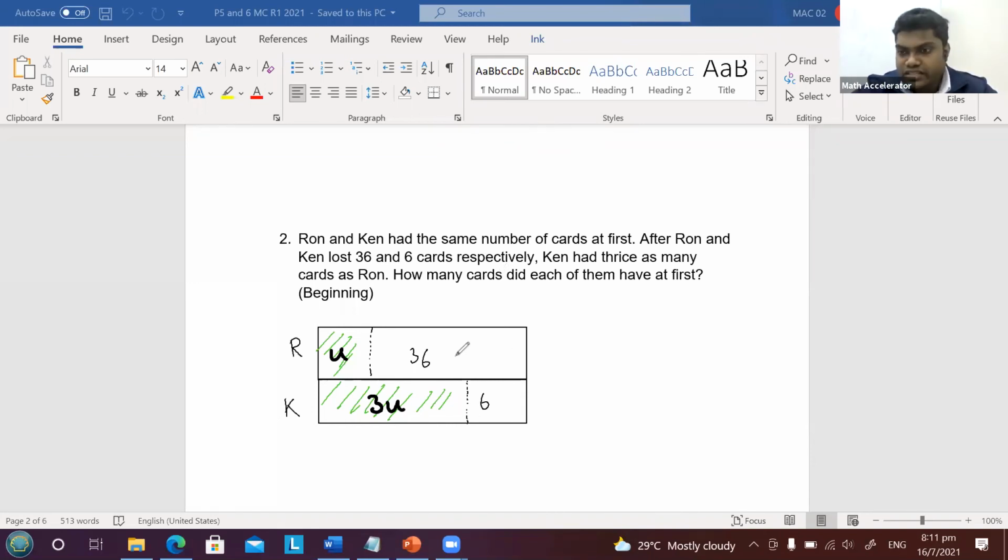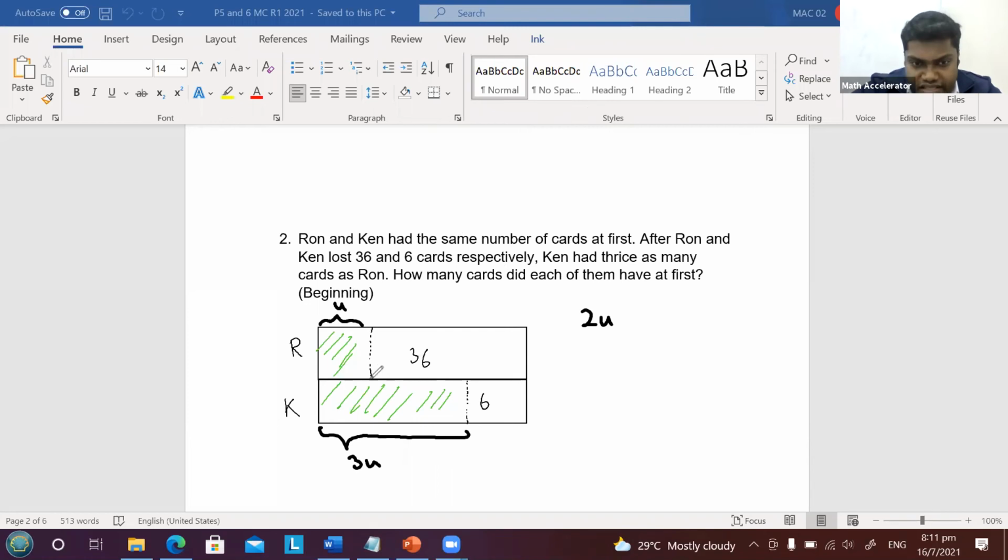So now, in terms of units, what is the difference? Can you type in the chat? Okay, most of you got it, 2 units. Well done. Now, in terms of numerical value, what is the difference?